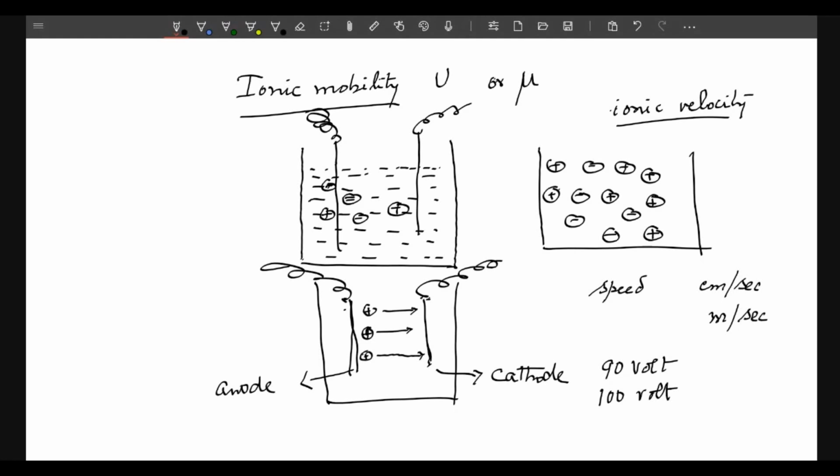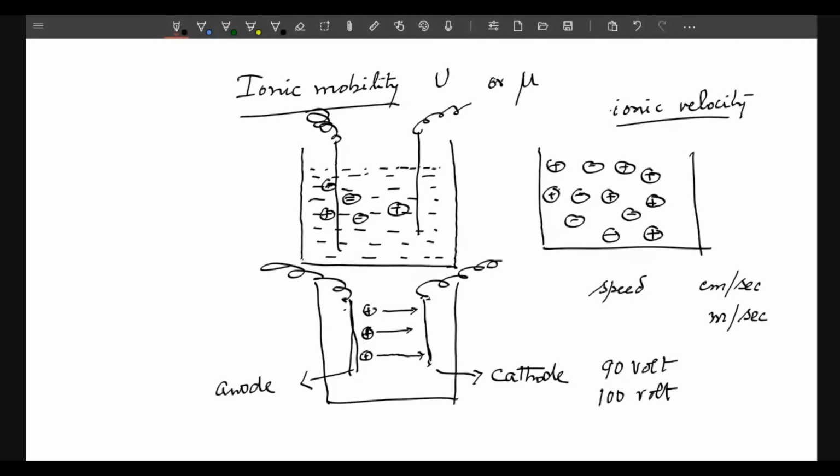It is the distance covered by the ion per time. Here we are not mentioning the distance; it should be measured in meters or centimeters, and the time per second or per hour. We have mentioned per time in a medium under an applied electric field.